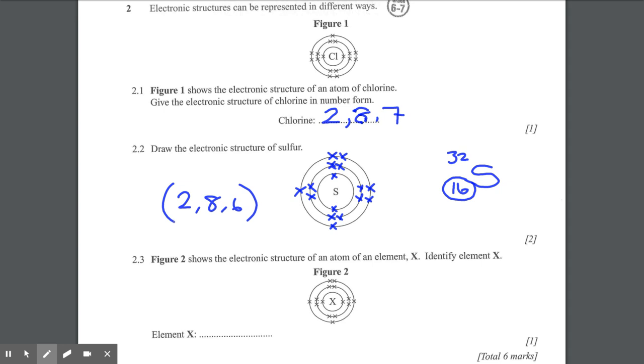Now, a couple of things when we draw the diagrams. There's no hard and fast rule for this, but as you'll notice, I've drawn my electrons kind of paired. It's not right and it's not wrong to do it like that, but this is a personal thing. I just find it easier to count the numbers of electrons. So you can see that in this second shell, for example, there's 1 pair, 2 pairs, 3 pairs, 4 pairs.